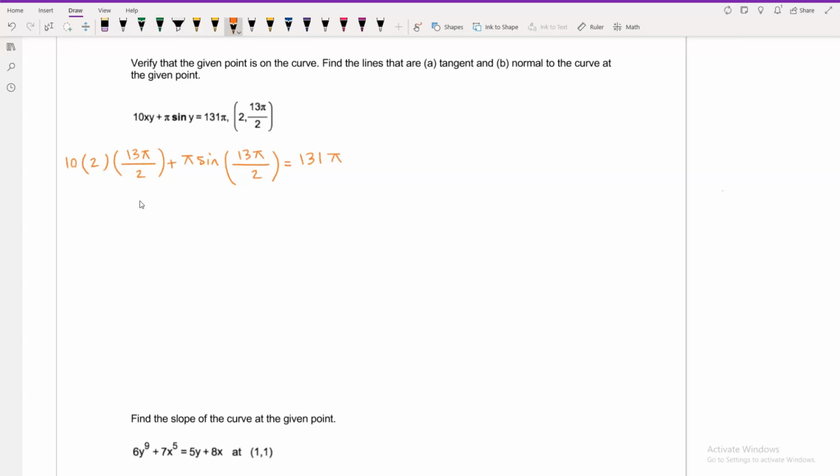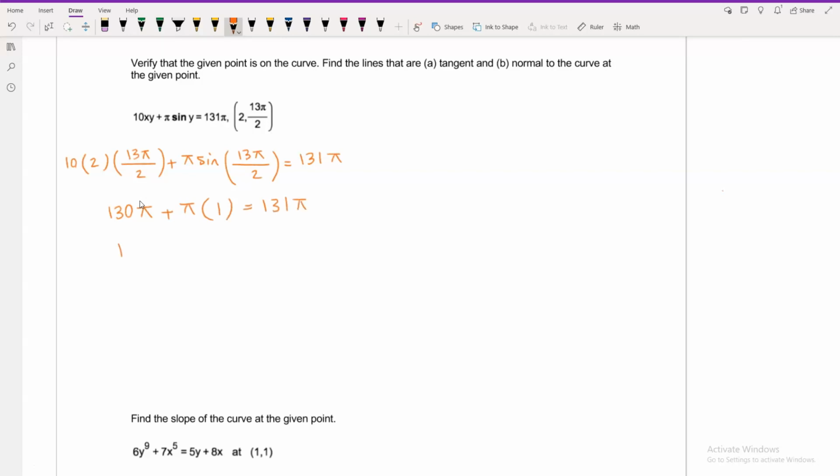We have 10 times 2 times y, which is 13 pi divided by 2, plus pi sine y, which is 13 pi divided by 2, and that is equal to 131 pi. So we want to see if this is true or not. So 10 times 2 we have 20, 20 divided by 2 we have 10, 10 times 13 is 130 pi, plus pi sine 13 pi over 2, that is 1.